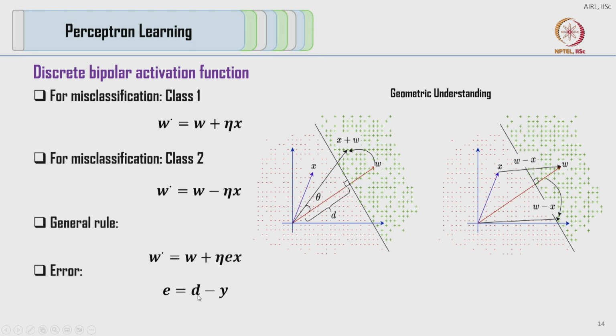If d is 1 whereas y is minus 1, right, then there is a misclassification. So, it will tilt like w plus x, where d minus y is nonzero, like a misclassification in class 2, right.